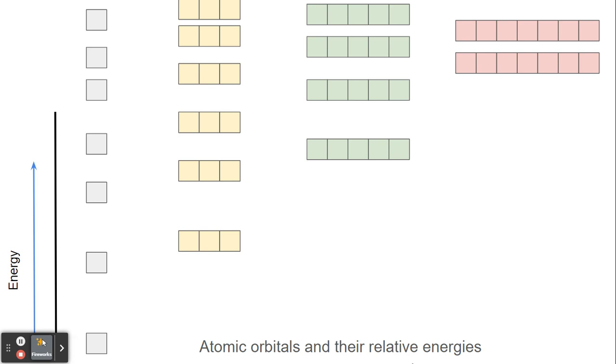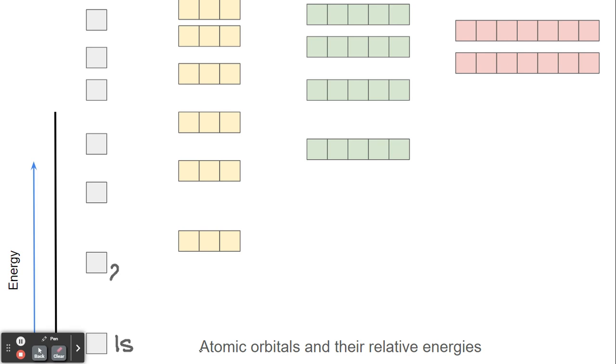So we can take a look at these and give them some labels. This here is the lowest energy level, n is equal to 1, so we call it 1. In this configuration, we know if n is equal to 1, l has to be equal to 0. That's s. This is the 1s orbital.